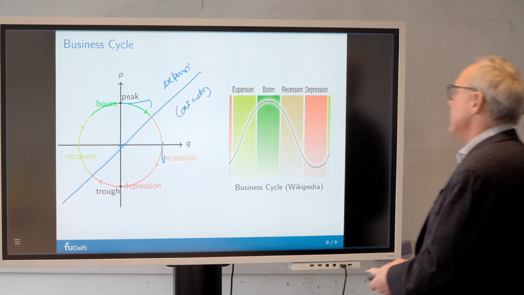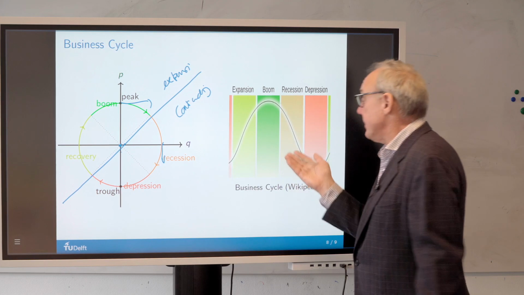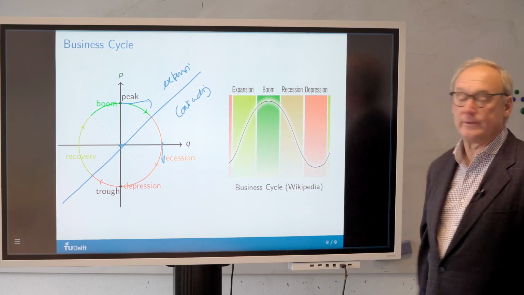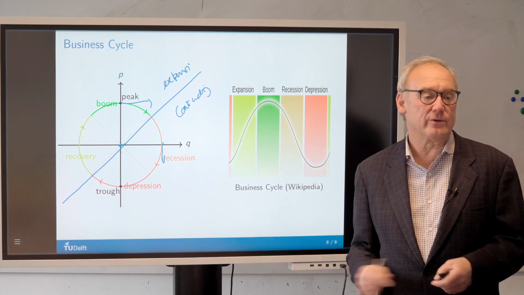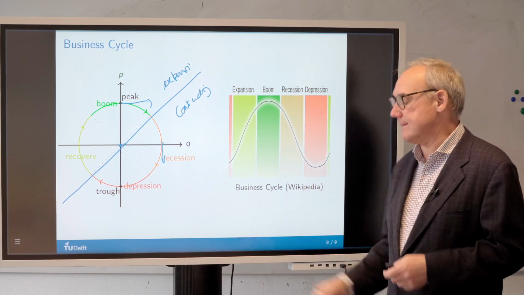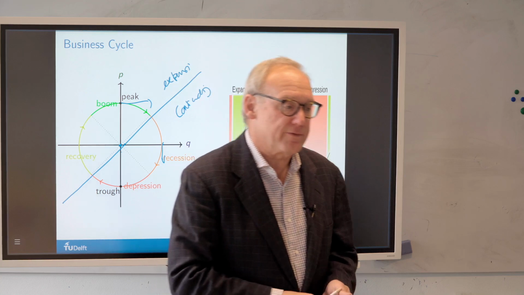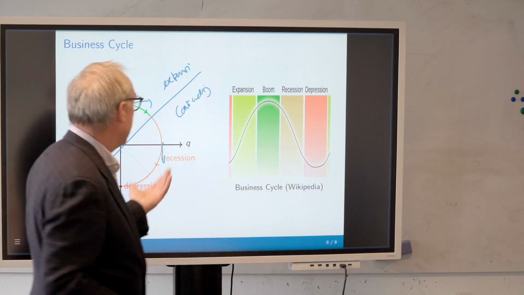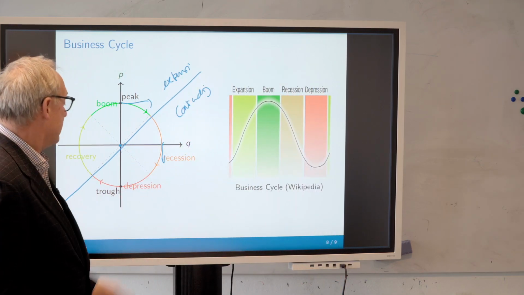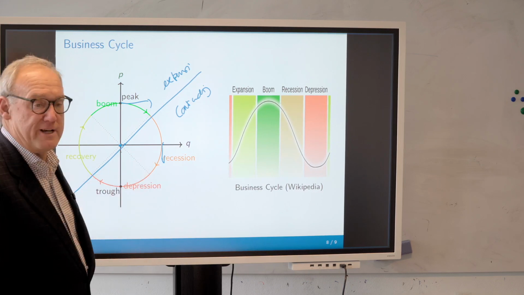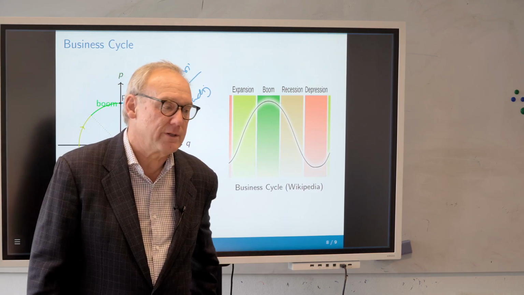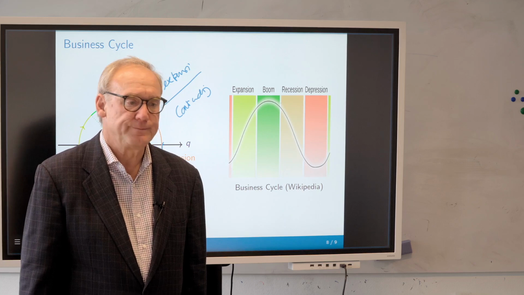Now, of course, it doesn't really do this, it does all kinds of stuff, but nevertheless, this is the picture that you will just get out of a simple article. You can look it up, like the business cycle, and you see all kinds of popular things that explain all these different cycles. What's very satisfying is you can just plot it in the phase plane, and it's pretty clear what's going on. Okay?